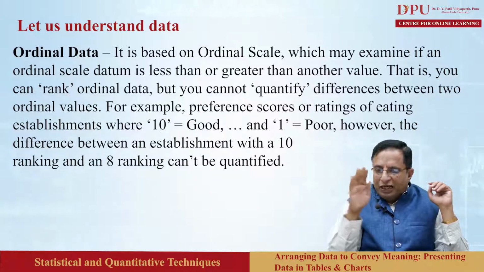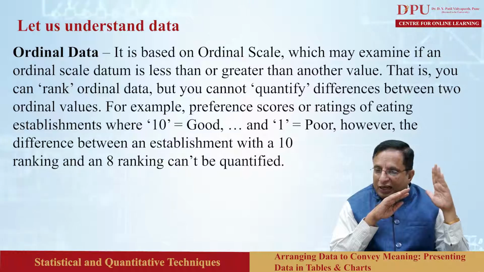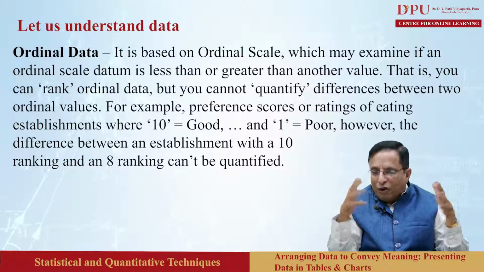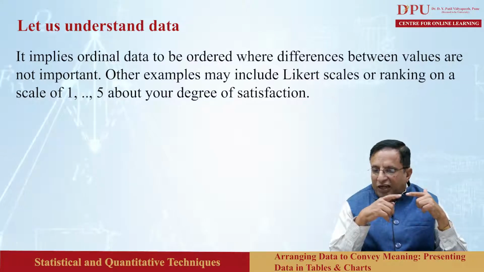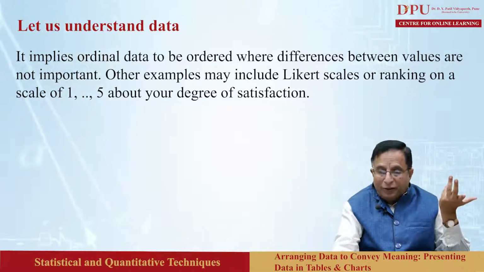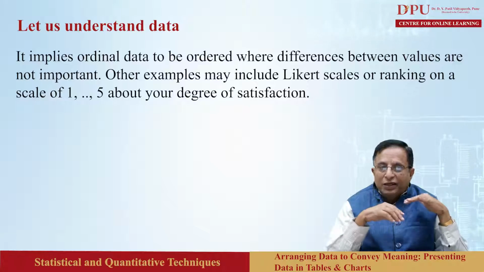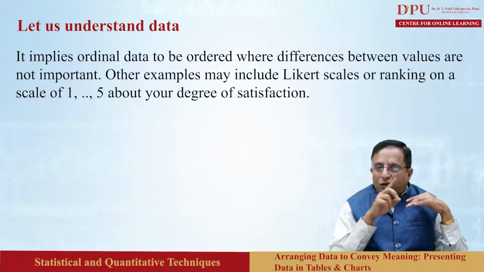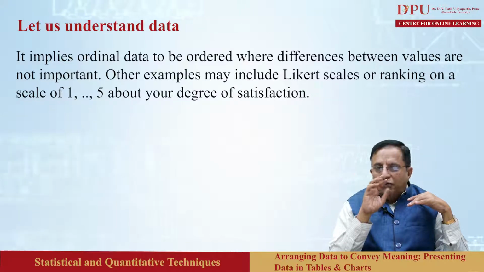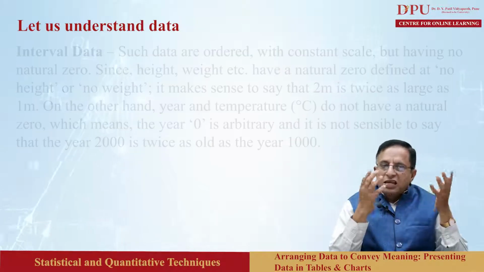However, the difference between an establishment with a 10 ranking and 8 ranking cannot be quantified. It implies that ordinal data are ordered where the difference between values is not important. Other examples may include Likert scale or ranking scale on a scale of 1, 2, 3, 4, 5 about your degree of satisfaction.